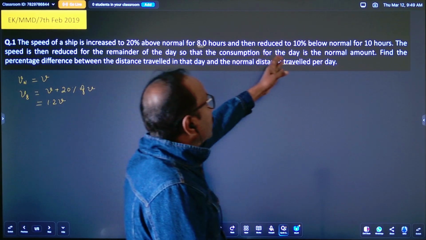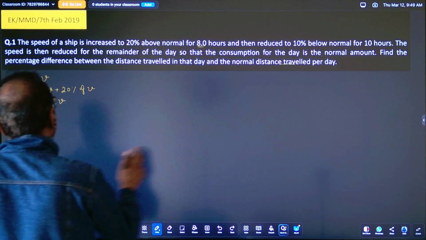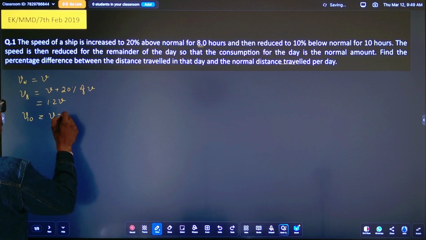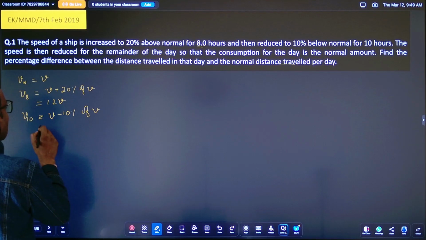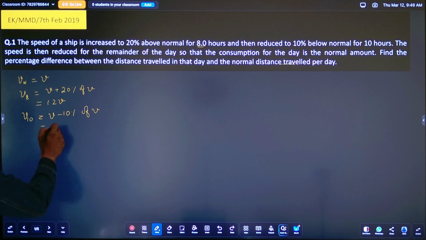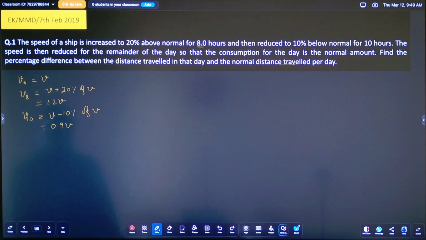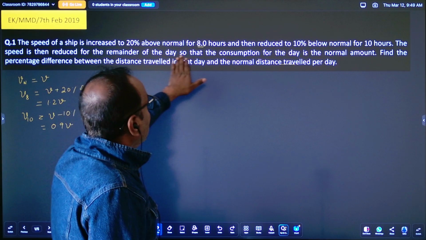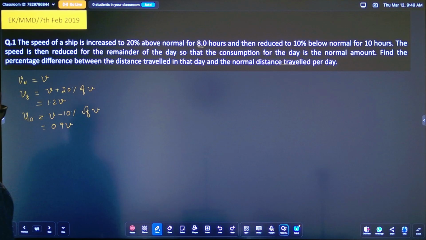Then the speed is reduced to 10% below normal for 10 hours. So we represent that with V10. It will be V minus 10% of V. This is your 0.9 V. Speed is then reduced for the remainder of the day so that the consumption for the day is same as that of normal amount.